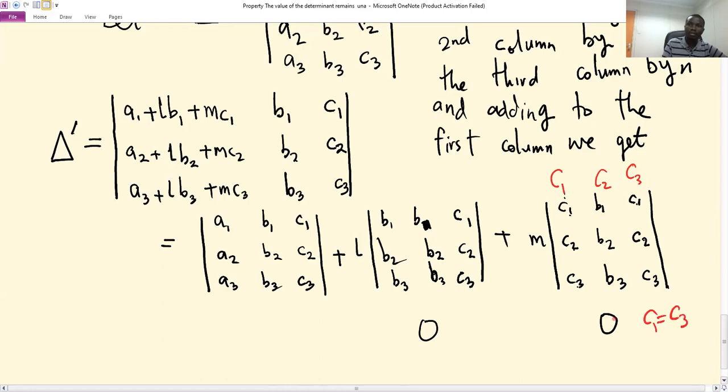And here column 1 equals column 2. That's why the determinant is 0. So therefore, this reduces to just the determinant of the original matrix. So delta prime equals delta.